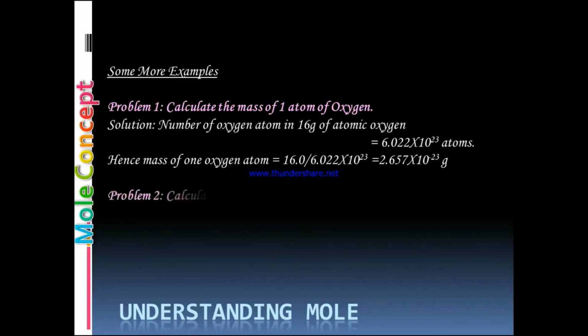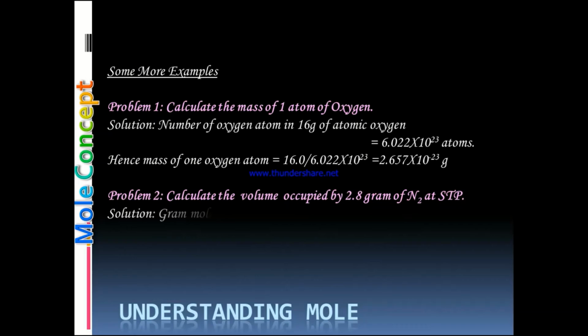Another problem we will see. Calculate the volume occupied by 2.8 gram of nitrogen at STP. Gram molecular mass of nitrogen is equal to 2 into 14, that is 28. So 28 gram occupies, because 1 mole occupies 22.4 liter.